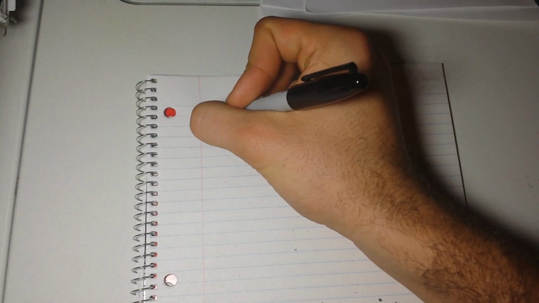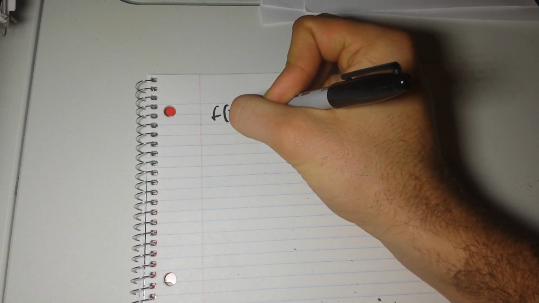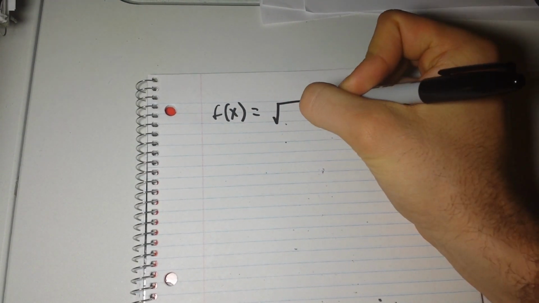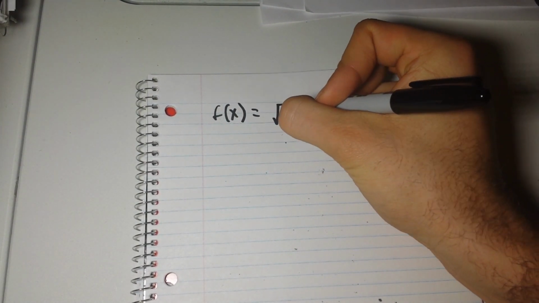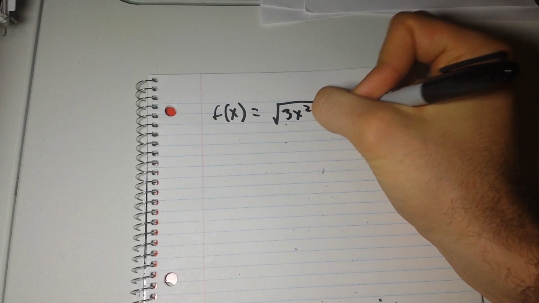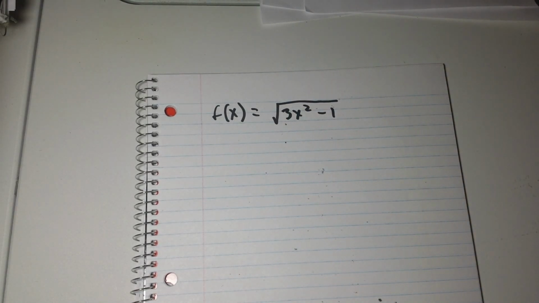So another example, another crucial type of chain rule that you'll run into frequently is that using a square root. So our f of x here will be square root of 3x squared minus 1. Before we begin applying chain rule to this, it's very important to note that this is a composite function.